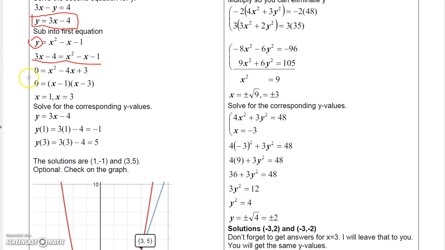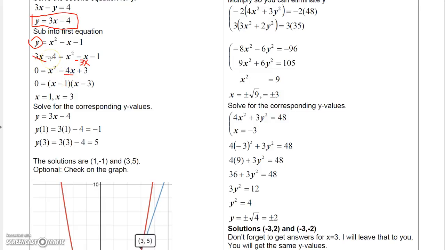Now, since it's already got the squared term on the right, I'm going to work from the right. Since this is a quadratic, I want to subtract 3x from both sides. If I subtract 3x from the left, it'll disappear, and if I subtract 3x from the right, I'll just get minus 4x, which I got right here.